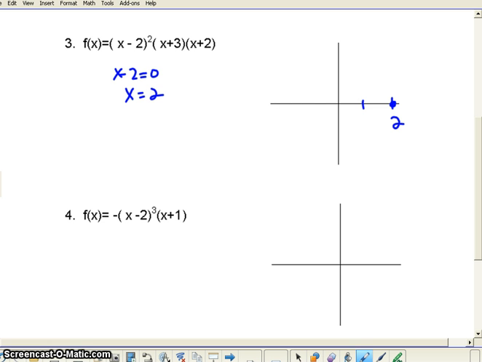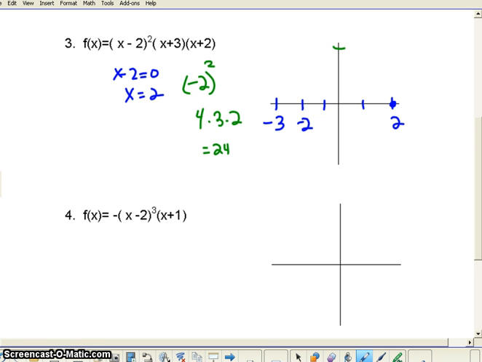I'm going to spread those apart a little bit better. Okay? All right, let's plug in 0 for x so we can get our y-intercept. Okay, 0 minus 2 is -2. -2 squared is +4. Okay, 4 times 3 times 2 gives us 24.